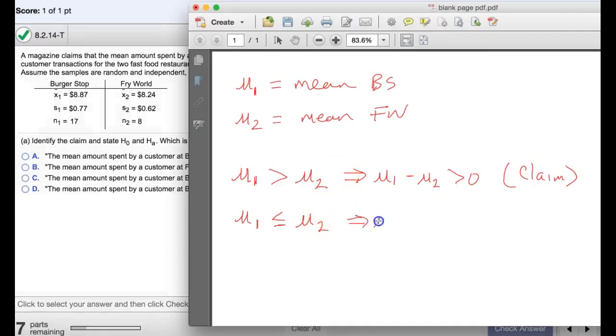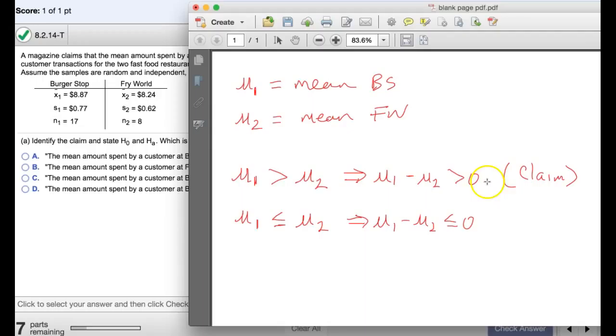And of course, we can interpret that this way as well. One of the things that's important to us is we need to know what the null hypothesis is and what the alternative hypothesis is.